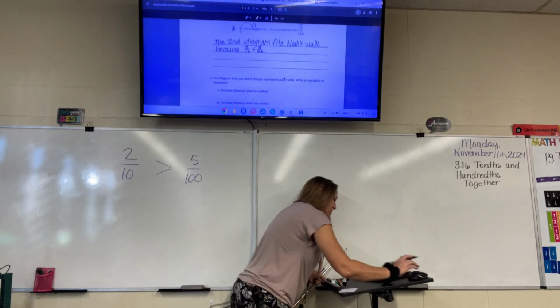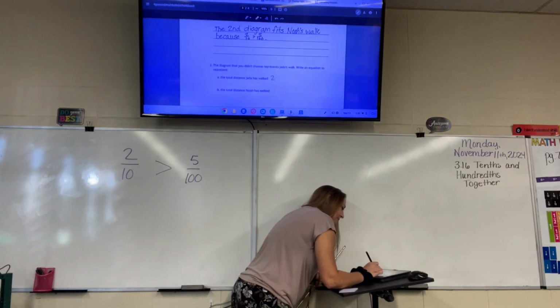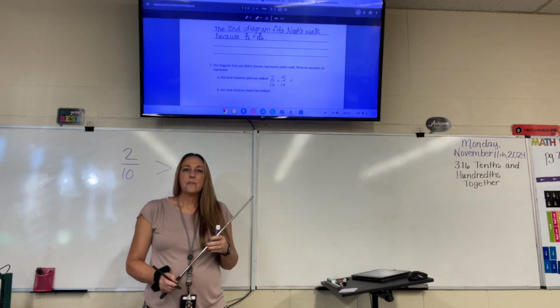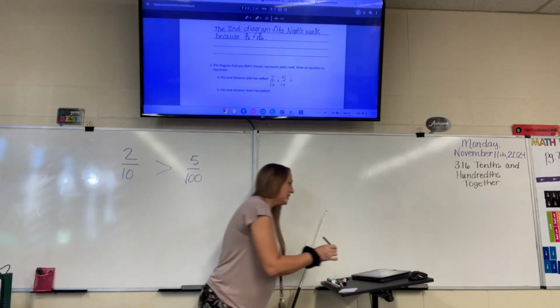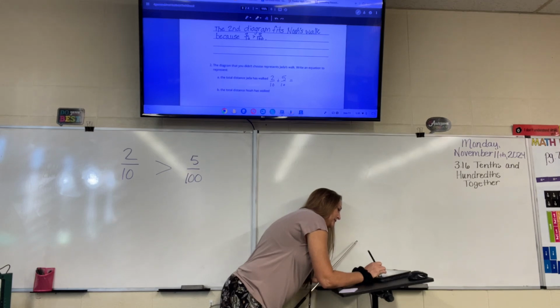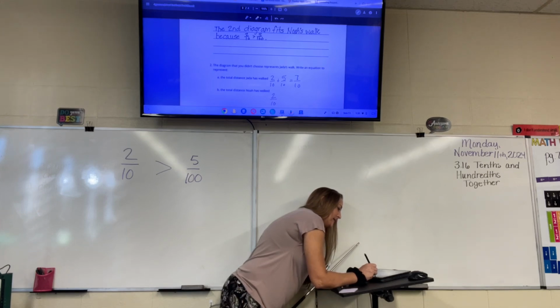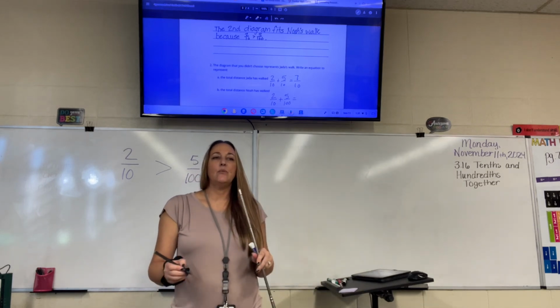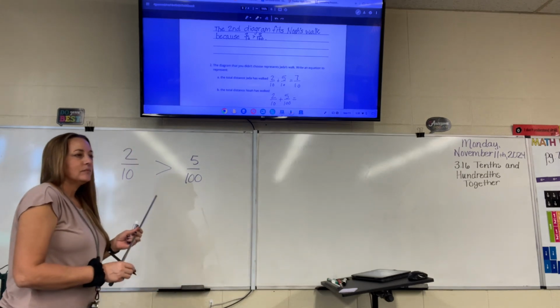So Jada started with 2/10, and then she added 5 more tenths, and that got her total walk to what, Athena? 7/10. Very good, yes. So she walked 7/10 total. And then for Noah, he walked 2/10, and then he walked 5/100. So how far did he walk altogether? Jackson?